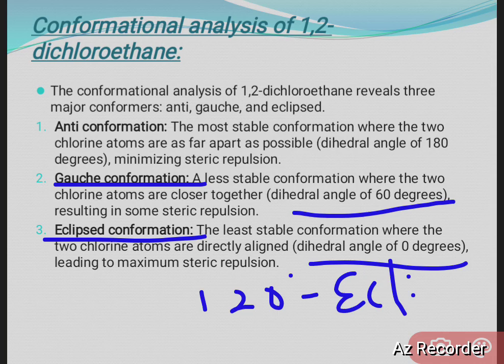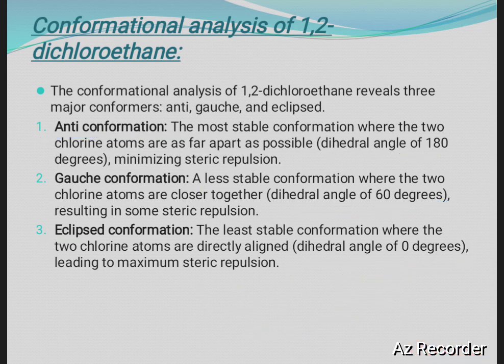When we rotate this eclipsed structure by one more 60 degrees, that is a dihedral angle of 180 degrees, then we are getting the anti-conformation.